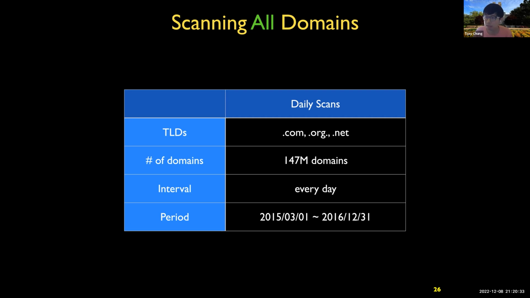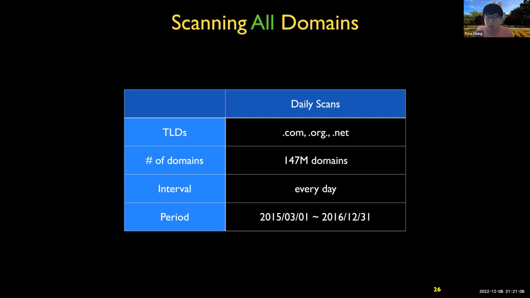So let's apply this measurement methodology to all domain names. We can go to the .com, .org, .net name servers, and download the list of all second level domain names. Again, .com is a top level domain, and under that are second level domain names. The .com server manages the list of second level domain names such as google.com or facebook.com.